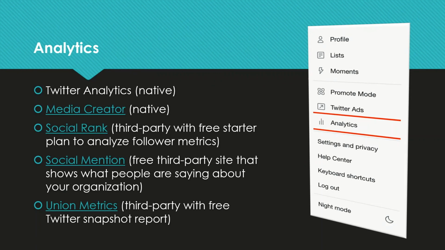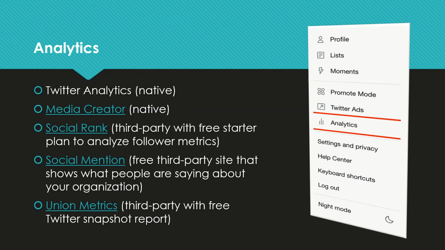Social rank will analyze follower metrics. Social mention is just a website, you don't even have to sign up for it. It just is a website that shows what people are saying about whatever organization you type in. And then union metrics, you do have to sign up for it, but it gives you a free snapshot report of your Twitter analytics. And then Twitter also has a thing kind of like the Creator Studio for Facebook and Instagram.